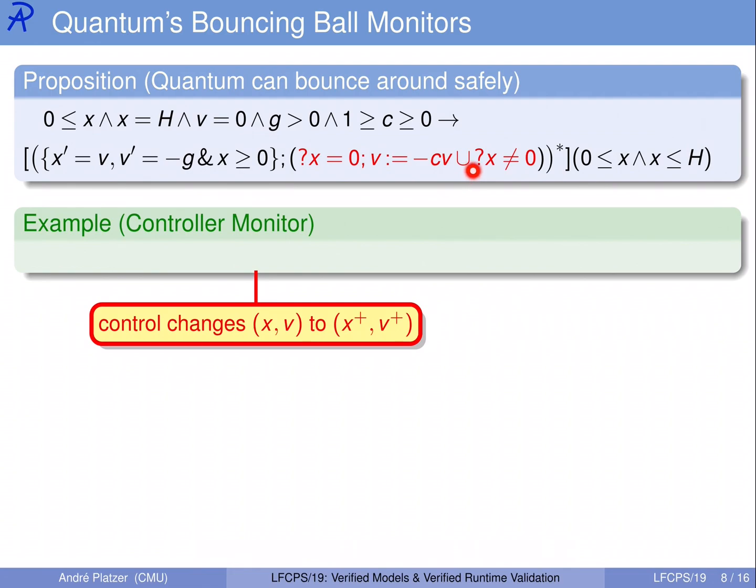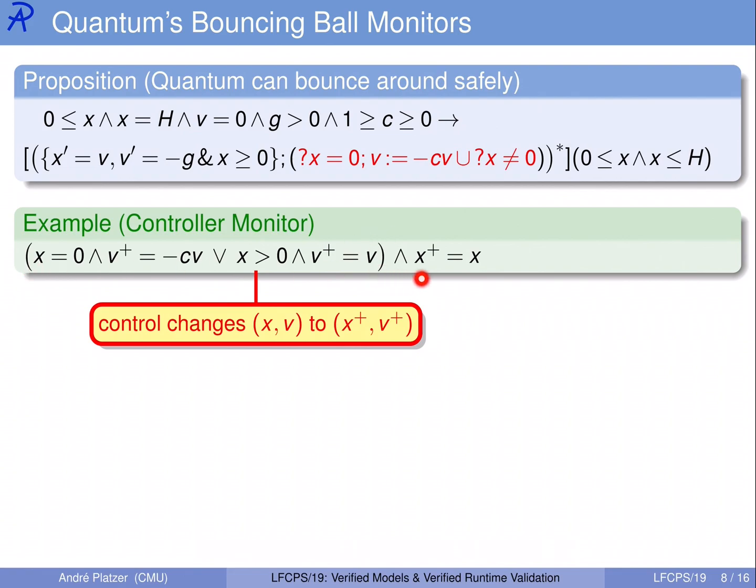So if we want to develop a logical formula for the job, we turn this into a disjunction that says there are two behaviors: the ones where we happen to be on the ground, and our new velocity is the negative damping coefficient applied to the old velocity, or we're above ground, and then the new velocity is identical to the old one.